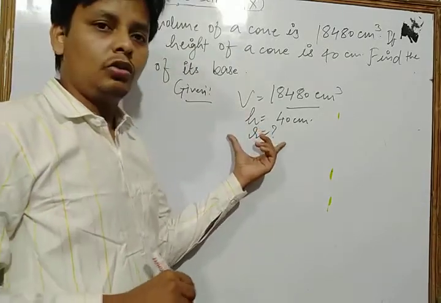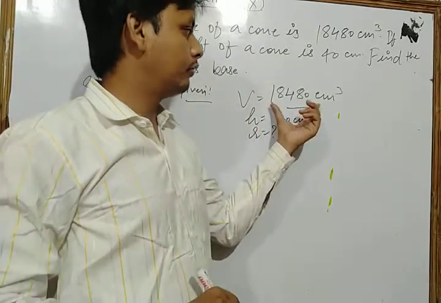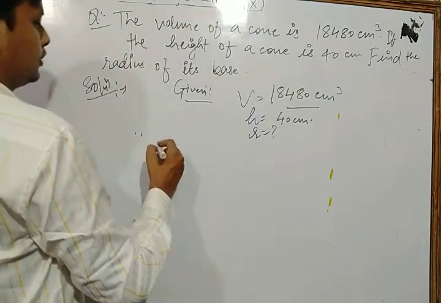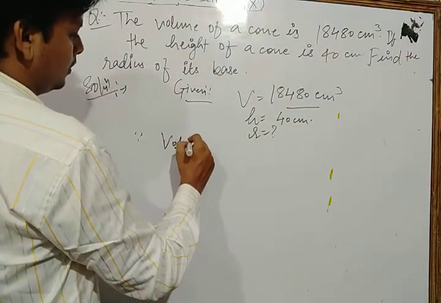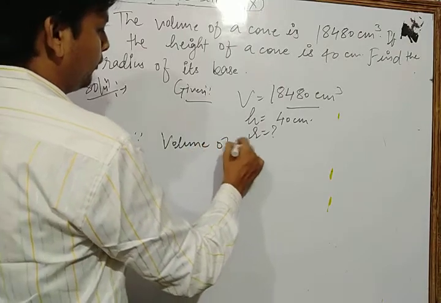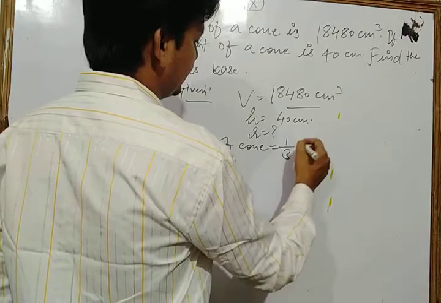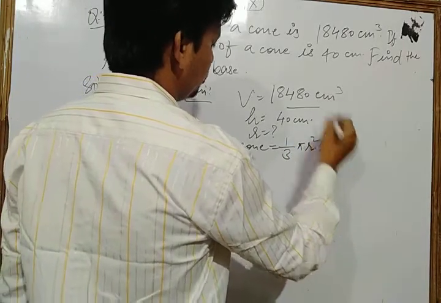Now here we apply the formula for volume of the cone. Since we know that volume of cone is 1/3 pi r square into h.